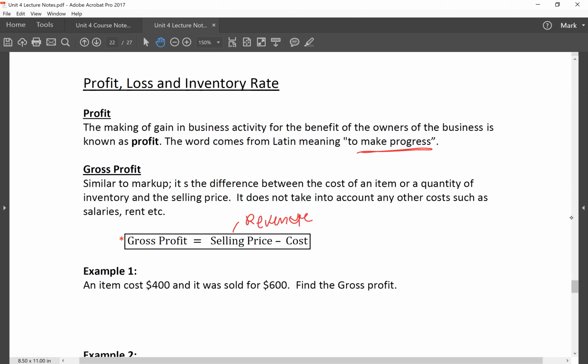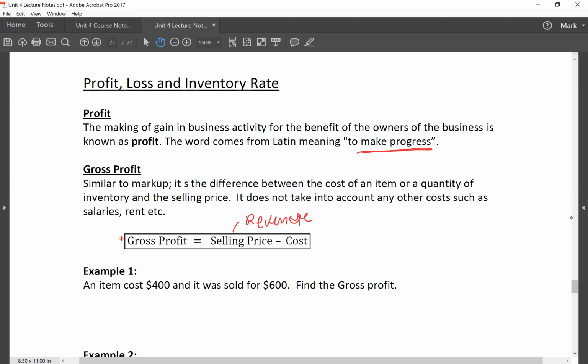So in simple words, if you were selling an iPhone and you bought the iPhone from somebody for 1,000 reals and you sold it for 1,500 reals, it cost you 1,000. Your gross profit, the money you made, is 500.